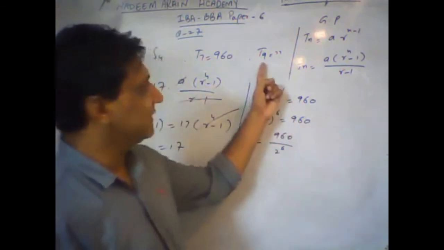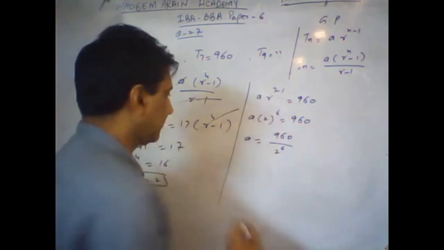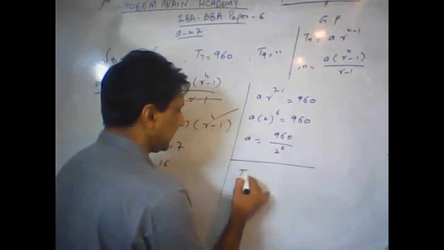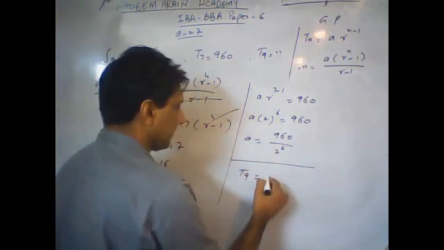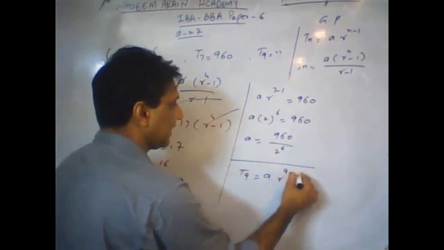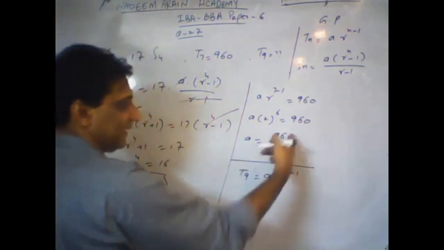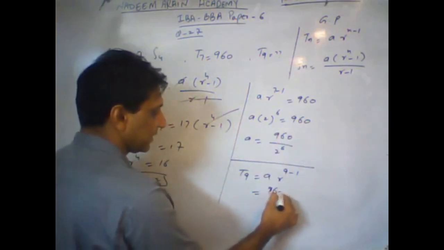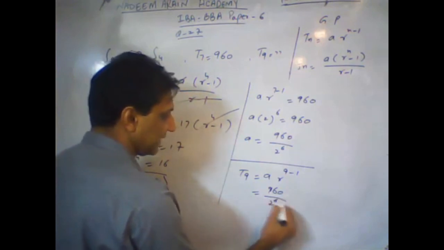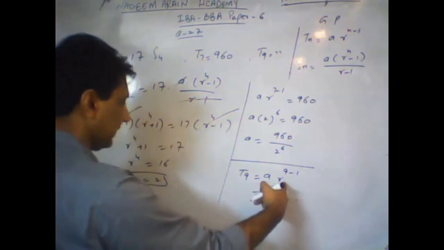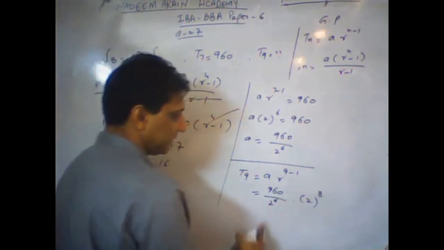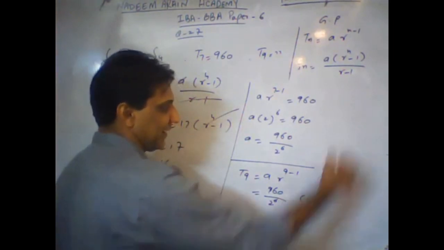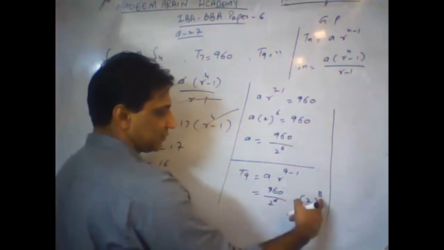Now we need to find the 9th term. T9 is equal to a r power 9 minus 1. What is a? This is 960 over 2 power 6, and r is 2, so 2 power 8. This is 2 power 6, this is 2 power 8, so that is 2 power 2.